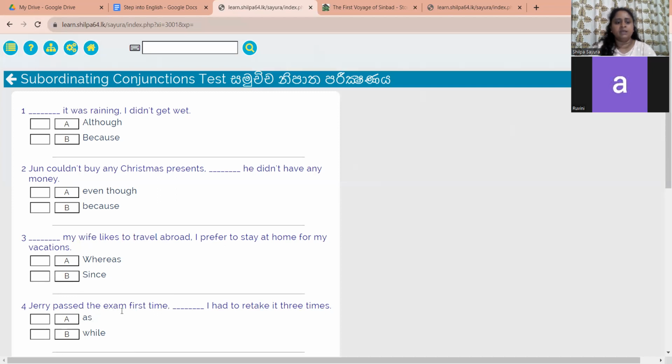Next one. Jerry passed the exam first time, blank. I had to retake it 3 times. Tell me what is the answer.